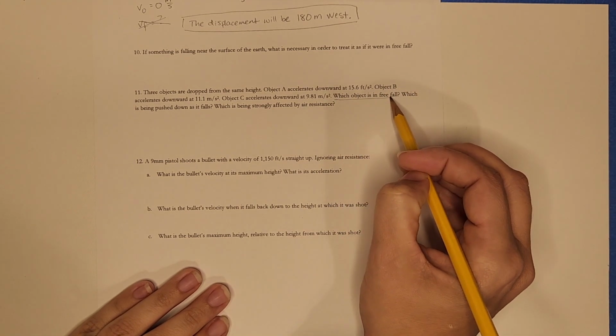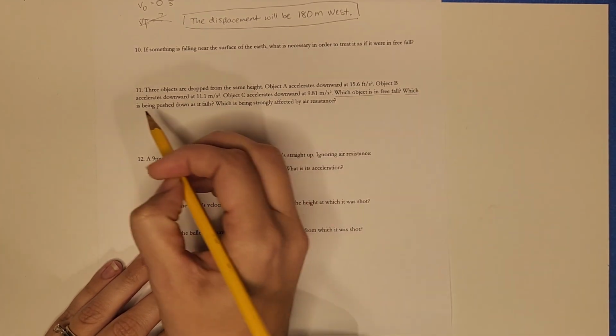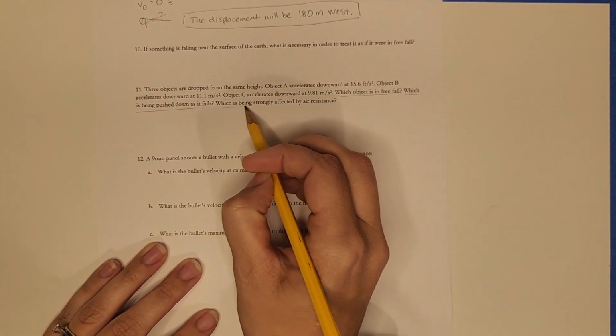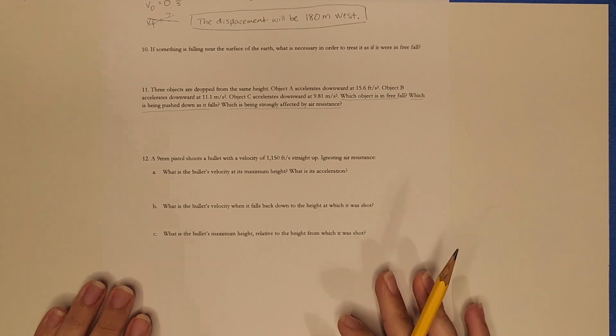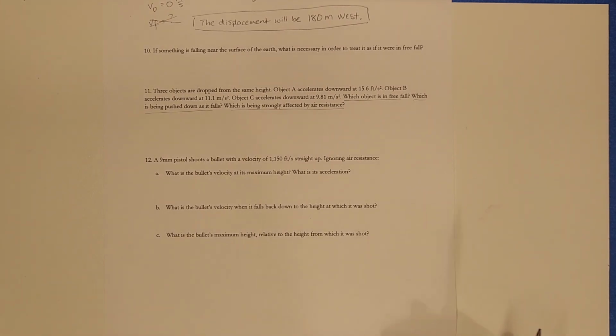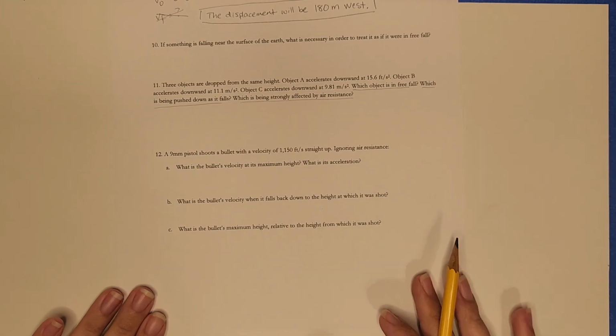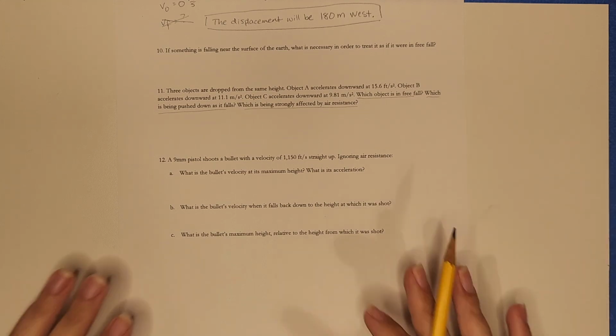Which object is in free fall, which is being pushed down as it falls, and which is being strongly affected by air resistance? So we have 3 questions here. Okay, so free fall is acceleration due to gravity, right?